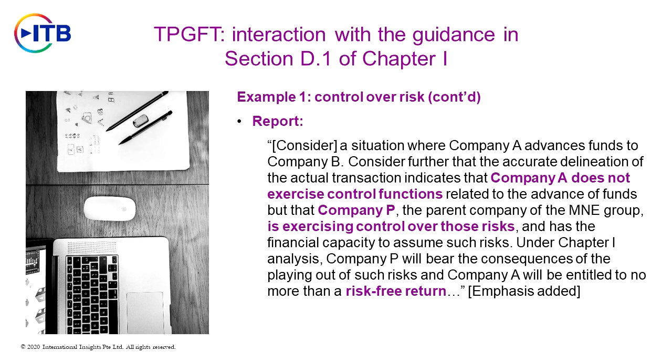Under Chapter 1 analysis, Company P will bear the consequences of the playing out of such risks, and Company A will be entitled to no more than a risk-free return.